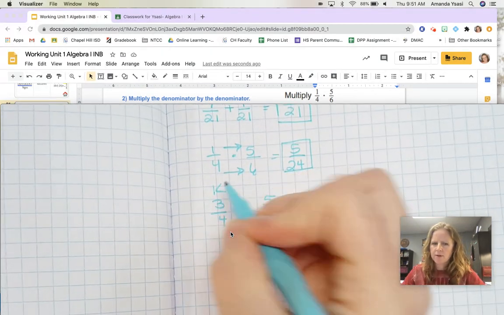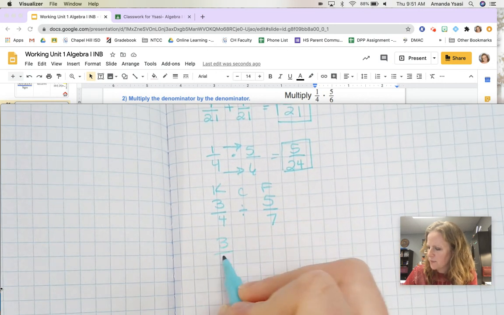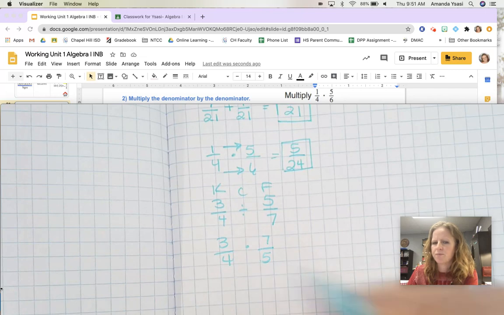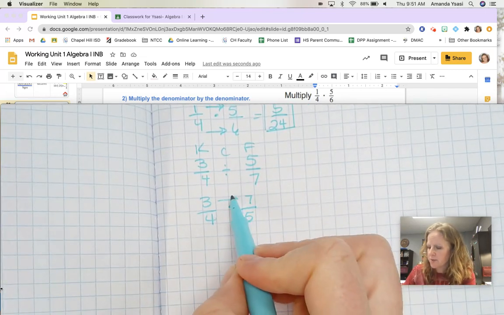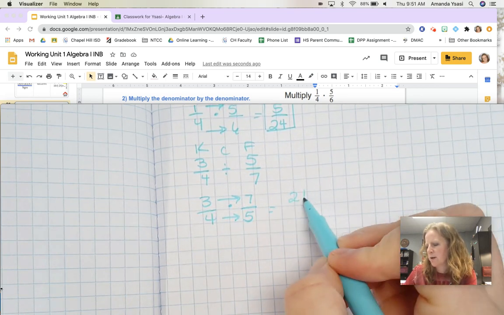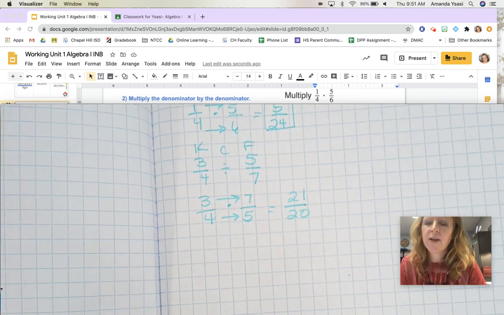So keep, change, flip. Keep, change division to multiplication, and then flip. And it's a multiplication problem, so top times top, bottom times bottom. 3 times 7 is 21. 4 times 5 is 20. And so that's an improper fraction.